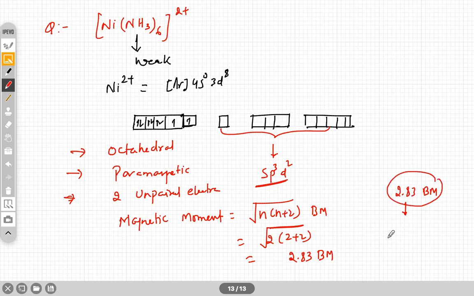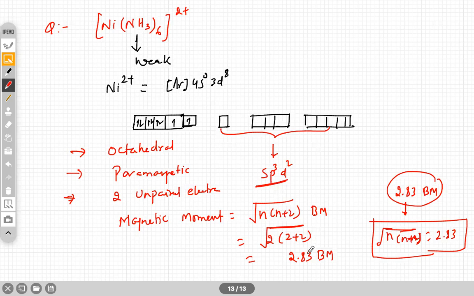You need to equate this with root under n into n plus 2, which should equal 2.83. But sometimes this becomes very complex to solve. You square it and then solve the quadratic. It's difficult to do. So for that, you should memorize these values.